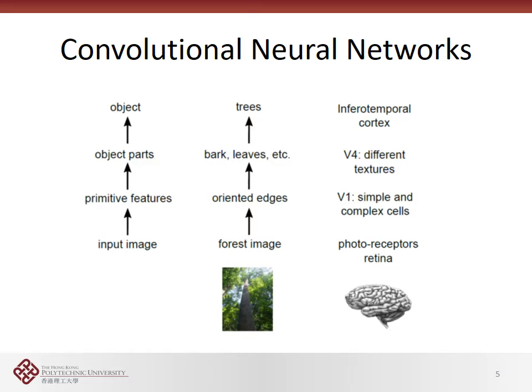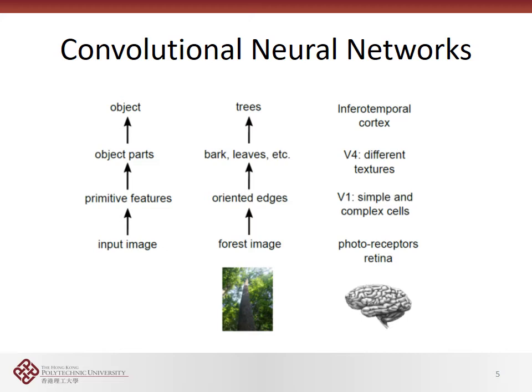For example, in this image, the animal or human visual cortex first observes some primitive features such as edges and corners, and then combines these primitive features into parts of the objects such as the bark and the leaves, and finally combines these parts into the tree in this image.